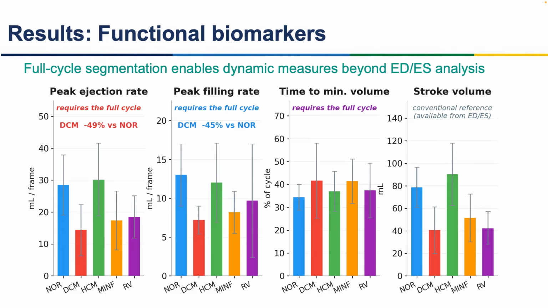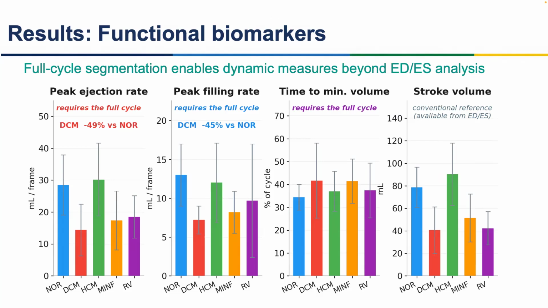These 3 measures require a full temporal trajectory. Stroke volume is included as a conventional reference measurement. In this exploratory analysis, DCM showed lower PER and PFR than normal controls, consistent with reduced systolic emptying and impaired filling. These values were derived from automatic segmentations and require validation against expert full cycle contours before clinical interpretation.